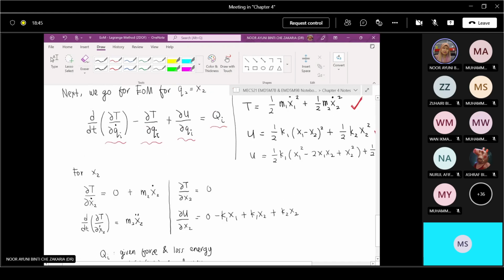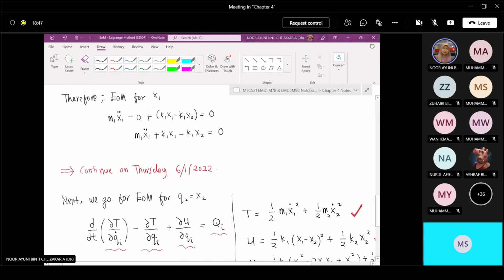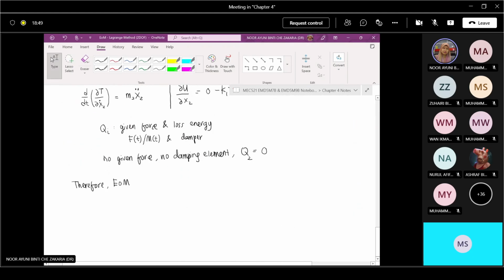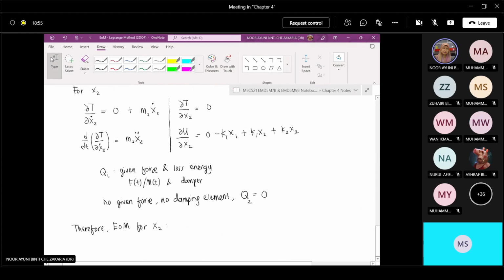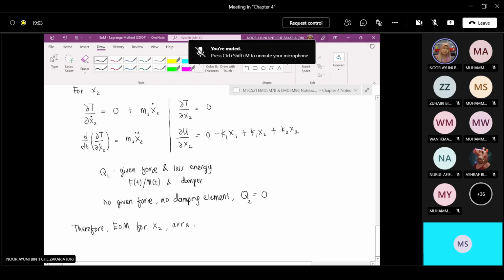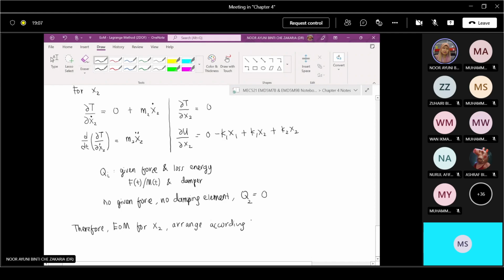the equation of motion for x2. Arrange it accordingly, following the Lagrange method. According to Lagrange. Susun balik sajalah.